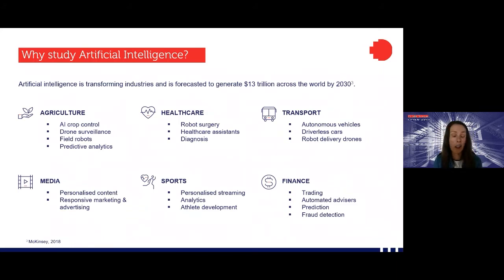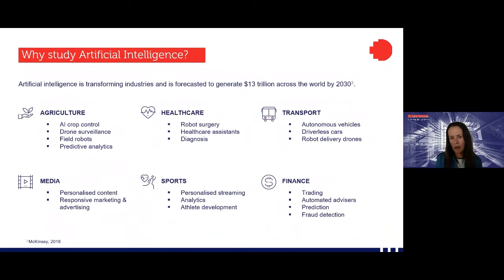So agriculture: AI crop control, field robots, predicting the movement of forest fires. Healthcare: we've seen robot surgery, diagnosis, early detection of types of cancers. Transport: autonomous vehicles, driverless cars, robot deliveries. In media, really personalized content responsive to gaze, different types of interaction, different physiological responses.